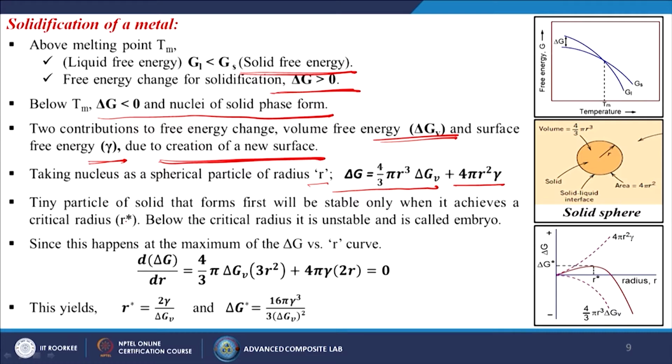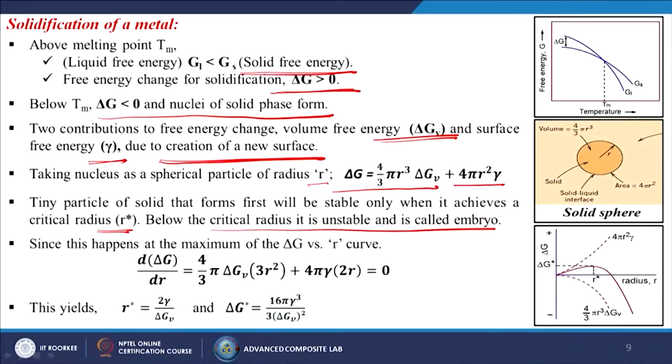The tiny particle of solid that forms first will be stable only when it achieves a critical radius r prime. Below the critical radius it is unstable and it is called an embryo. That means it has started and then this radius is not stable. After a certain time it will achieve the stable radius, or maybe the stable shape or size.